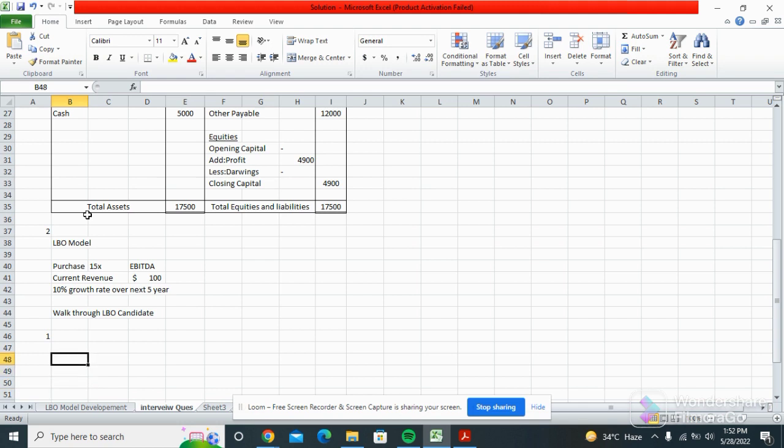In a leveraged buyout model, the purpose of an LBO is that we have to acquire a company using funds. Some portion of the funds will depend upon debt, and some portion will depend upon equity.